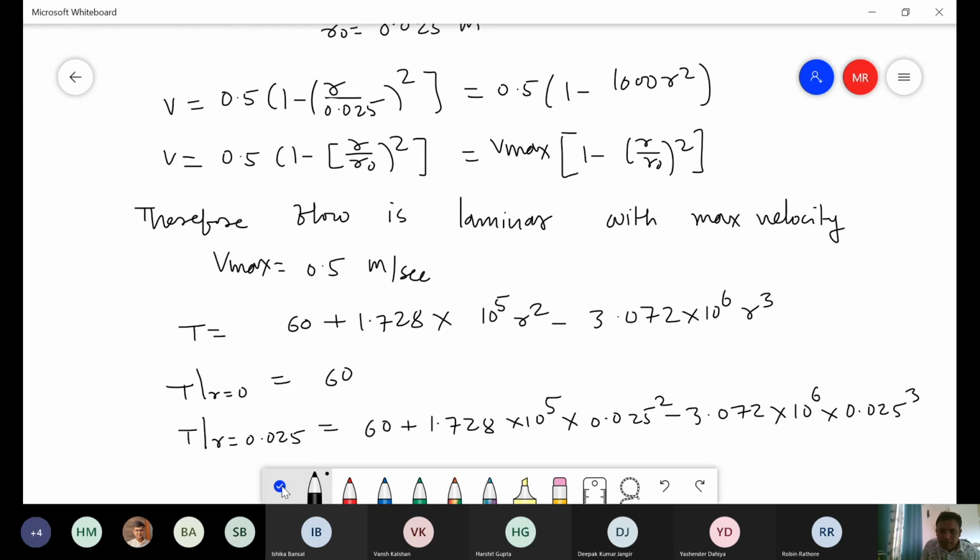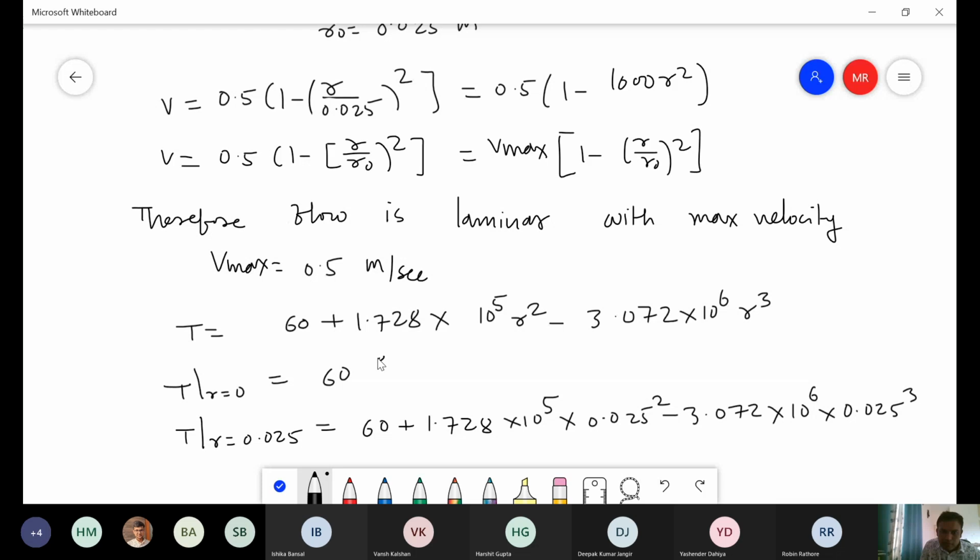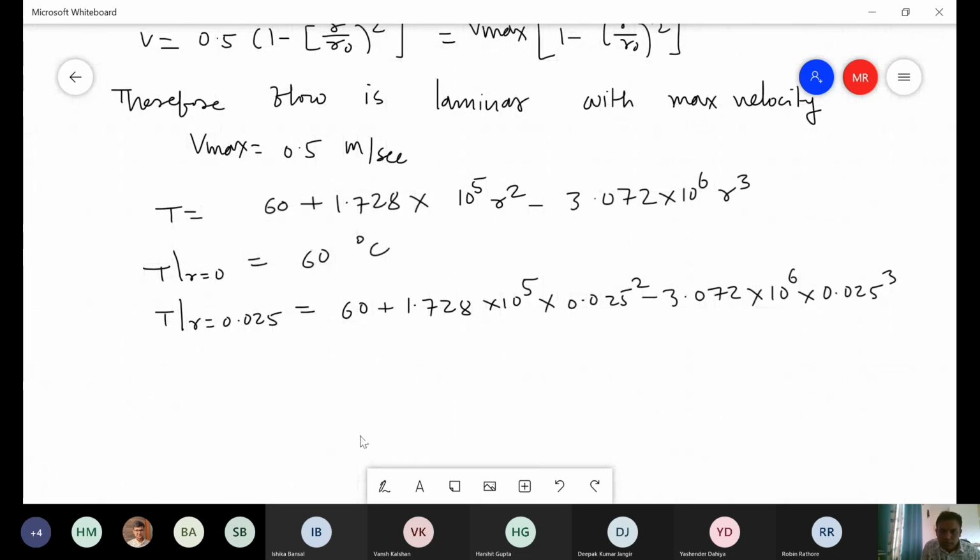What is the value? Anybody? This is in degrees Celsius.